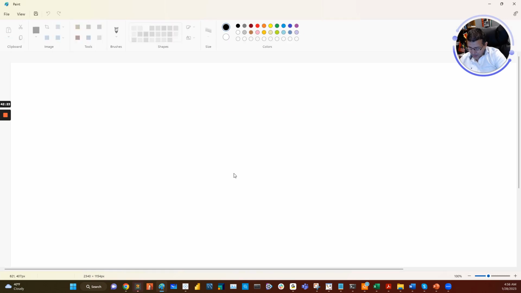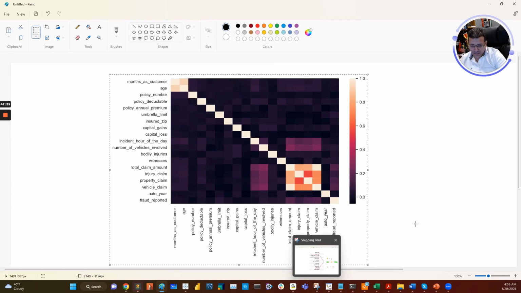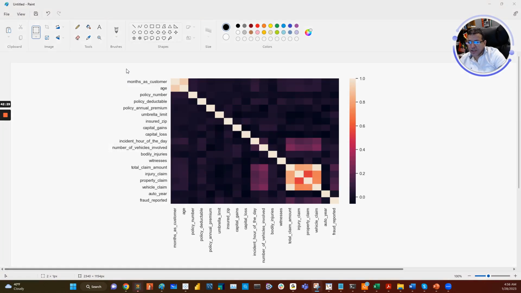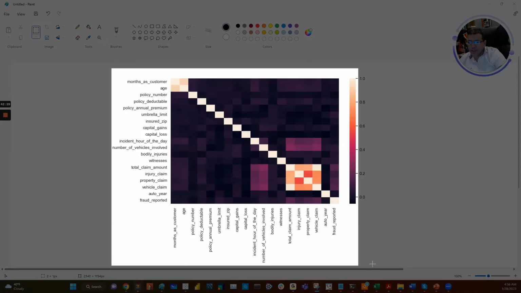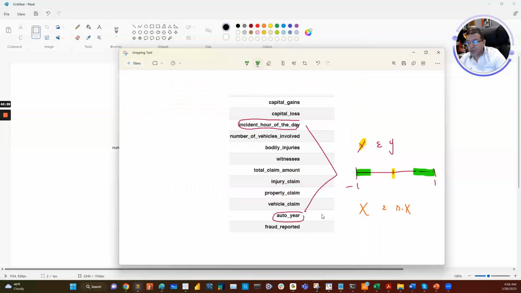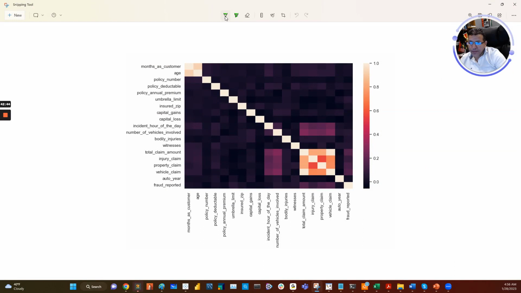Okay, let's take a look. Just looking at this heat map, which captures color-wise the relationship between these features, we can tell there is something wrong between months as a customer and age.